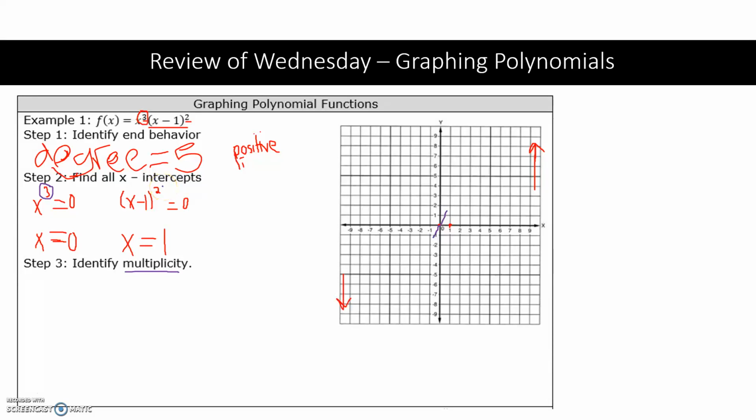And then if I look at my next factor, which is x minus 1, my multiplicity, or my exponent, is 2, which is even, so that means it's going to bounce off the x-axis, so that means it's going to be some kind of U-shaped. And then I'm just going to put arrows at the end, and that's my graph for example 1.